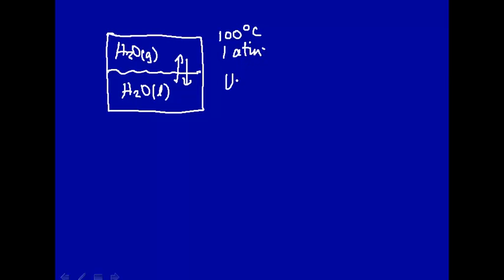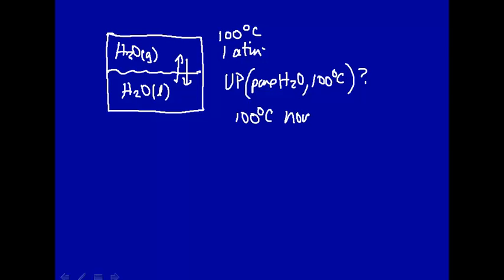Now, what is the vapor pressure of pure water at 100 degrees C? Well, 100 degrees C is the normal boiling point of water. Normal boiling point implies a boiling point when the atmospheric pressure is 1 atmosphere.